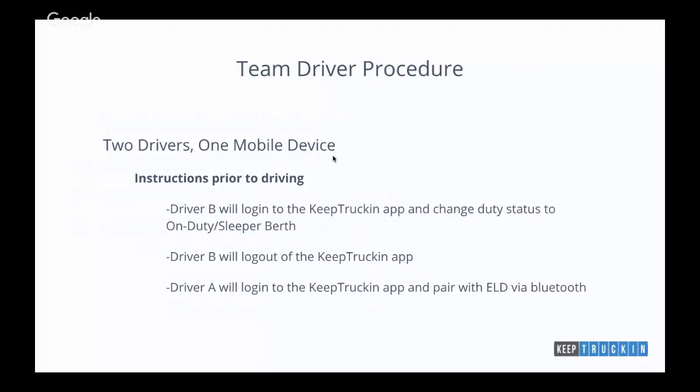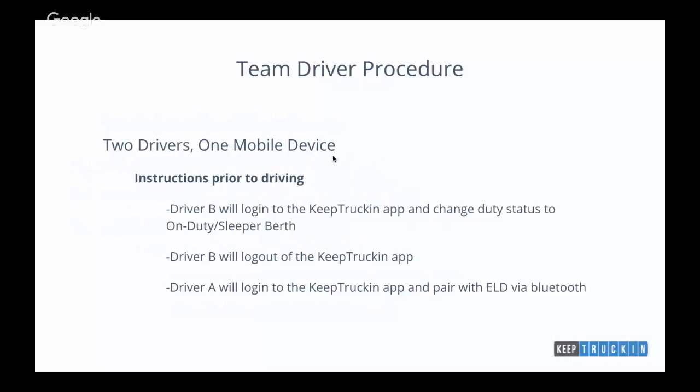Driver B will log into the Keep Truckin' app and change the duty status to on duty or sleeper berth, and then driver B will log out of the Keep Truckin' app. After that, driver A will go ahead with that same device and log into the Keep Truckin' app with their own credentials, and then pair with the ELD via Bluetooth per usual.